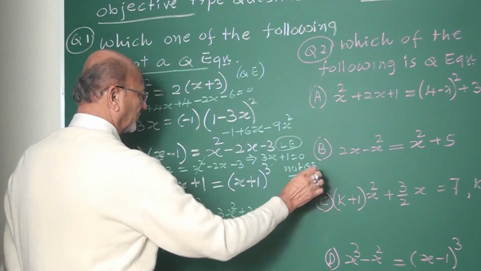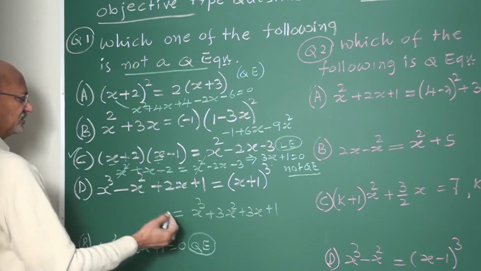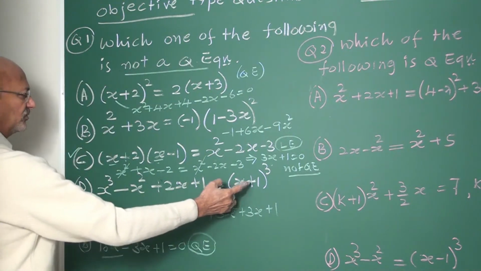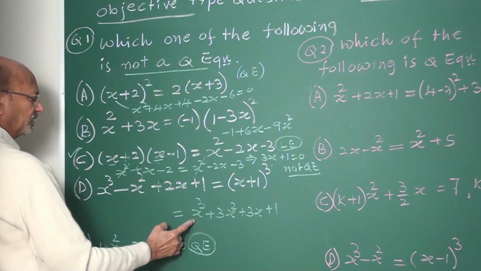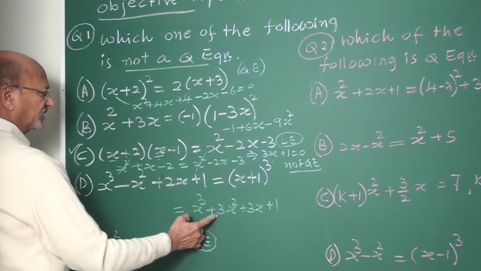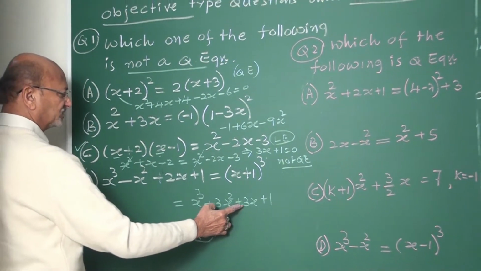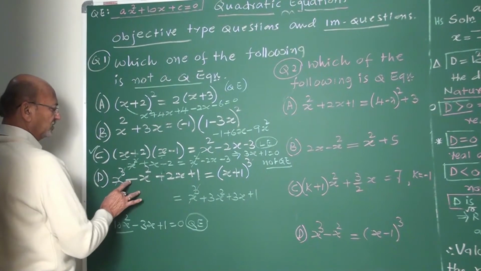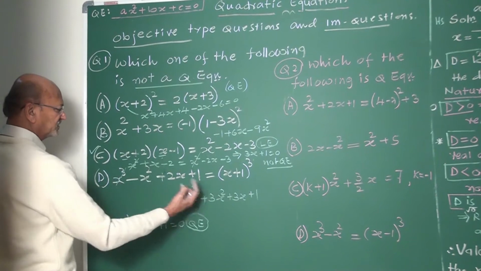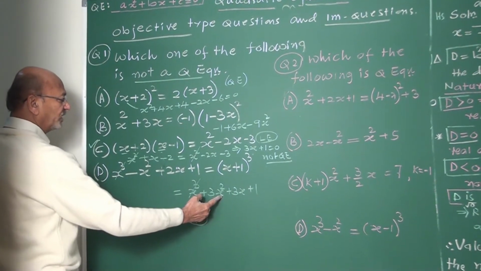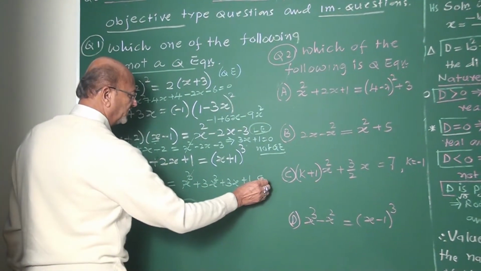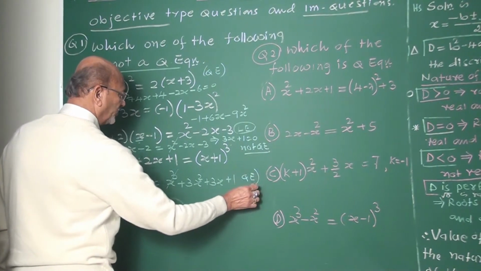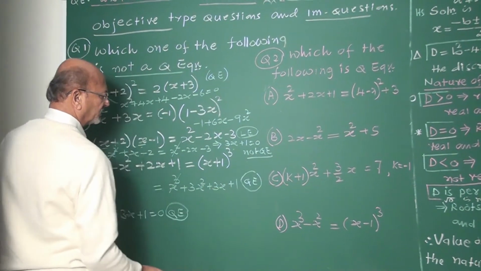Not quadratic, my friends. See here in this case, what is the expansion of x plus 1 the whole cube? X cube plus 3x square plus 3x plus 1. My friend, this x cube cancels. If you take this minus x square this side, it becomes 4x square. 4x square means it contains x square term, then it is also quadratic.